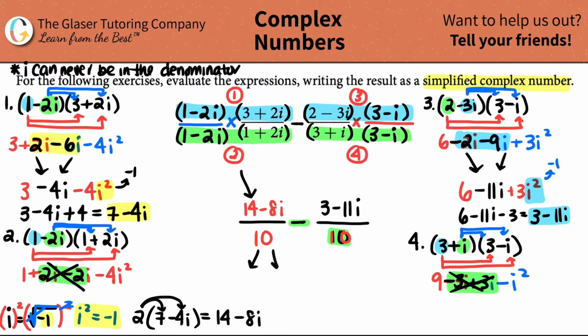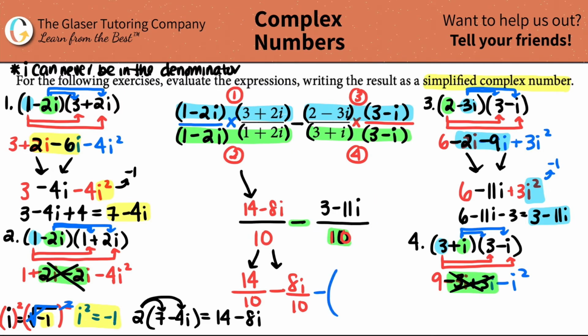This can get broken up into 14 over 10 minus, because there's a minus sign here, 8i over 10.